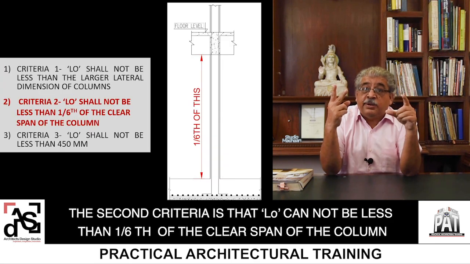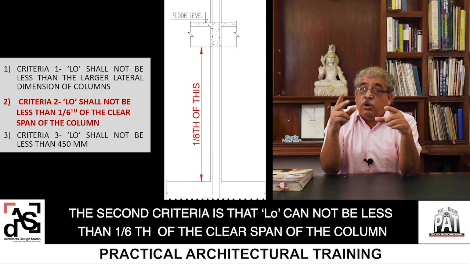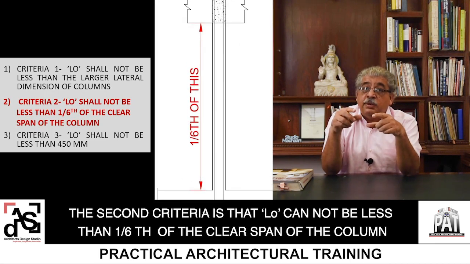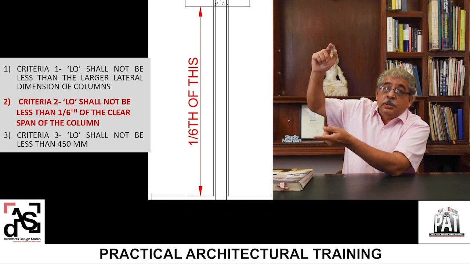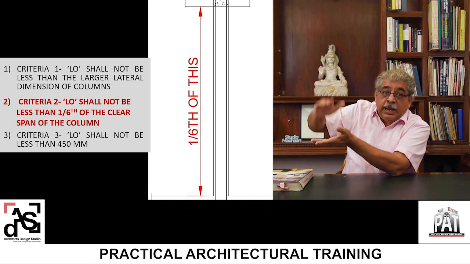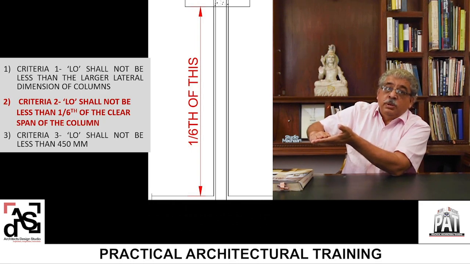The second criteria is that LO cannot be less than 1/6 of the clear span of the column, which is shown in the figure. Clear span means under the beam and above the raft. This is for the basement.